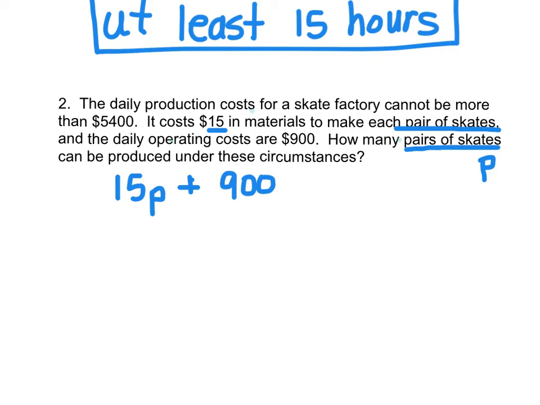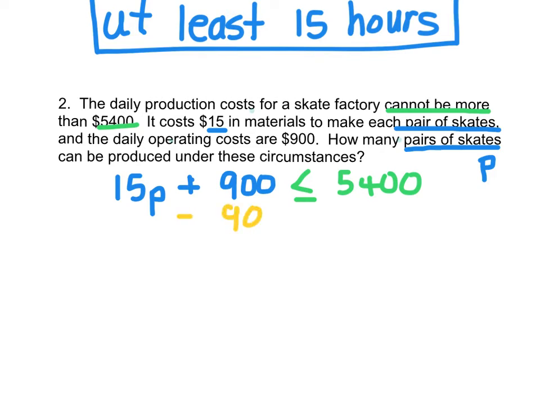Now let's consider the inequality. It cannot be more than $5,400. Well, if it cannot be more than, it has to be less than. If it cannot be more than, can it be equal to? Well, yes, it can. So it can be less than or equal to the $5,400. That's our inequality. Now let's solve it.